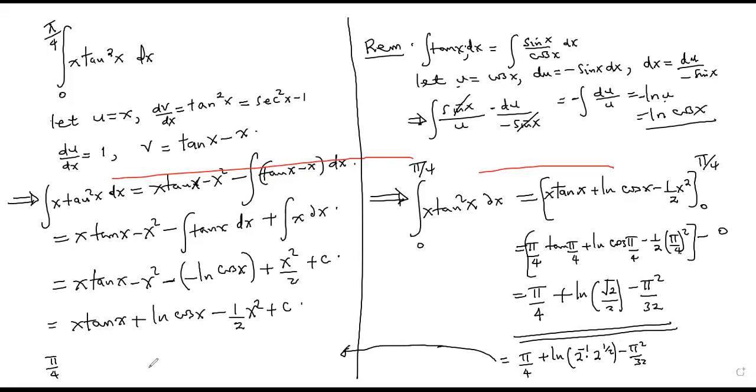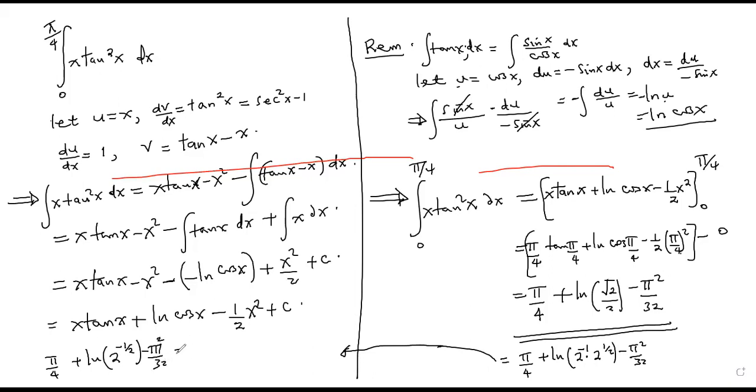So plus ln, under the same base 2, I will add the powers. Negative 1 plus a half is negative a half, so 2 power negative a half. Then minus pi squared over 32.